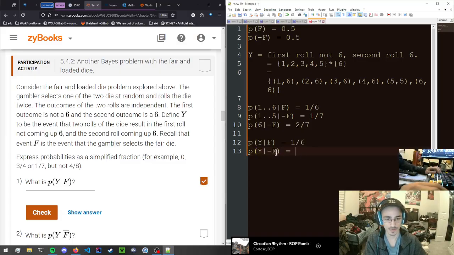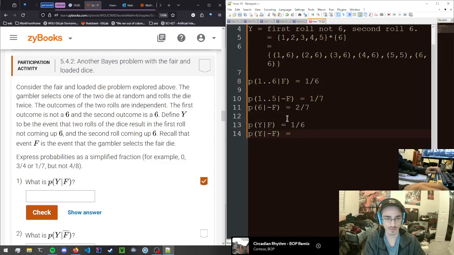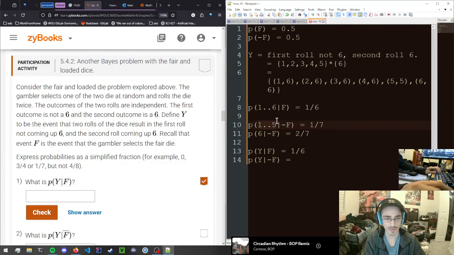So now let's find the probability distribution for conditioned not fair. And not fair it's a little more complicated, but it's pretty simple. So if the roll is 1 through 5, given it is not fair, the chance is 1/7. So let's do that. So all these here are below 6. Those all have a chance of 1/7.